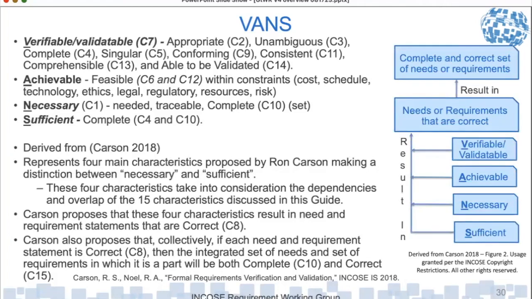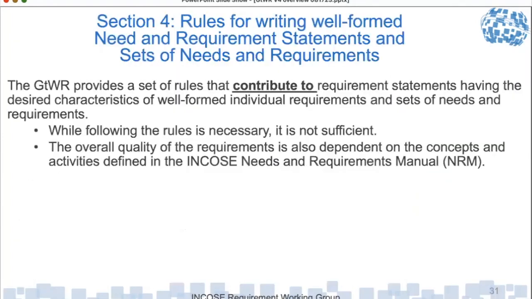There's a diagram that shows that the VANs result in individual needs, which result in complete and correct sets of needs and requirements. Section 4 gets into the rules for writing well-formed need and requirement statements and sets of needs and requirements. It provides a set of rules that contribute to the requirement statements having those characteristics of well-formed individual requirements and sets of requirements.